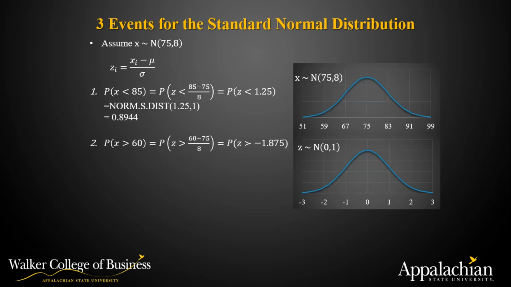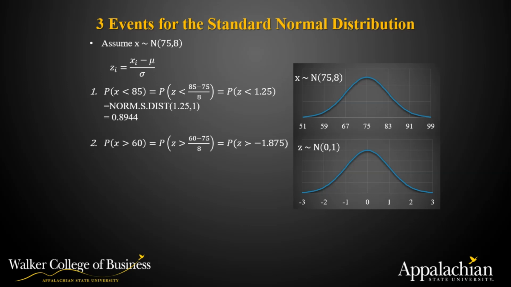We next look at the second type of event where we calculate the probability that x is greater than some value. In this example, we're going to calculate the probability that x is greater than 60 by standardizing the value of 60, that is, subtracting 75 from 60 and dividing it by 8. We create the z-score of negative 1.875.